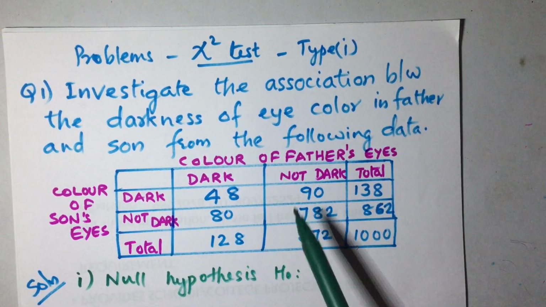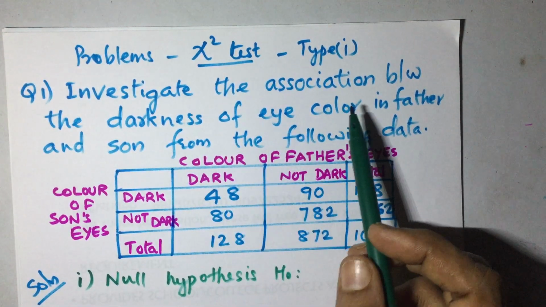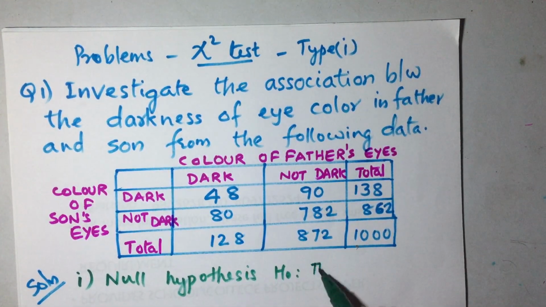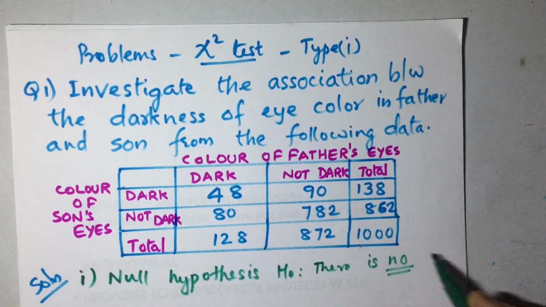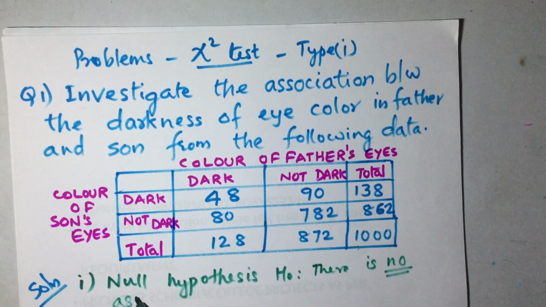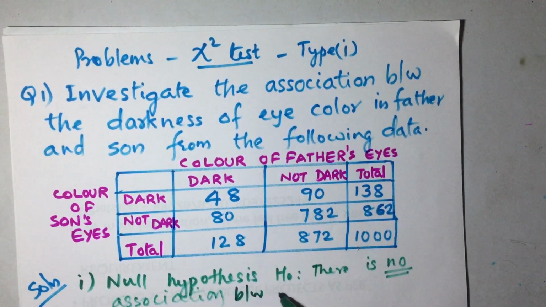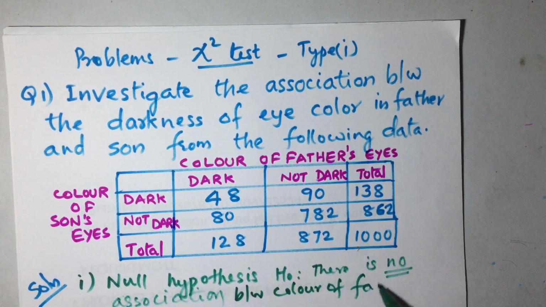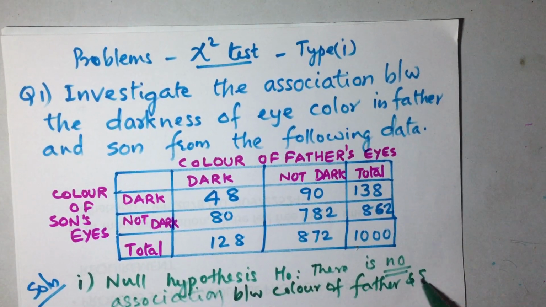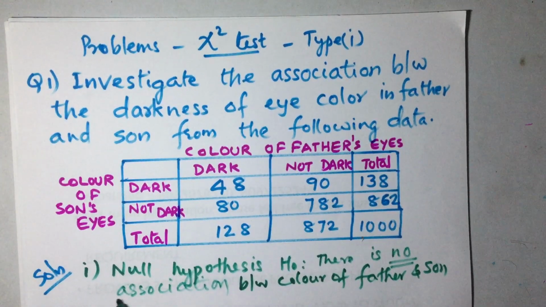Investigate the association, so we will take there is no association between color of father and son. This is our H0.